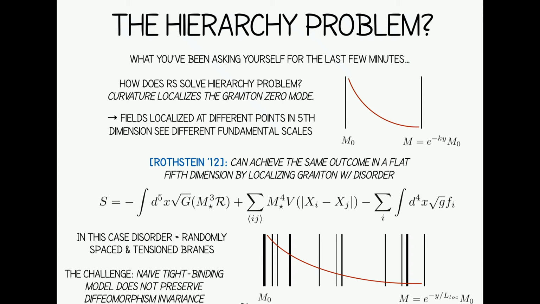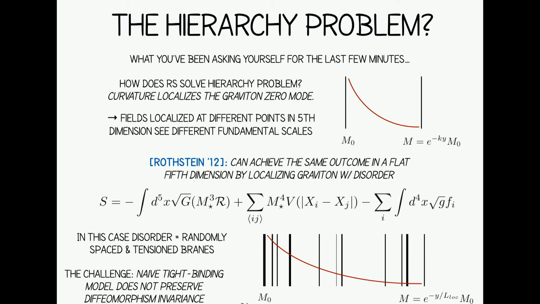There's going to be a 0 mode, which corresponds to the 4-dimensional graviton that we see. All of those modes will actually end up being exponentially localized in this extra dimension. So each one of them is going to be localized in exact analogy with electron wave functions in a wire. So Ira's argument was that means in particular the graviton 0 mode, the one which we associate with the graviton in 4 dimensions, that's going to be exponentially localized in the extra dimension, right, in exact analogy with Anderson localization.